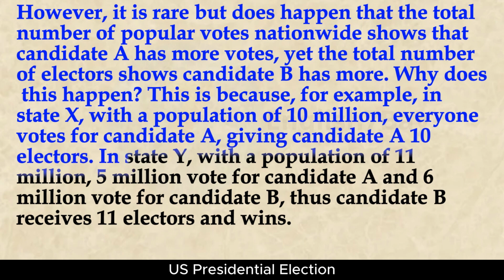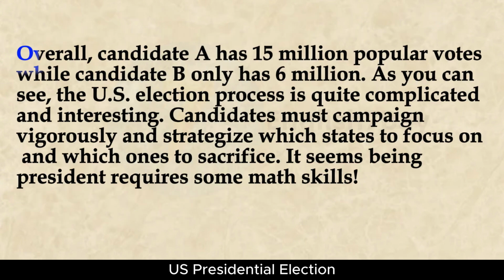In state Y, with a population of 11 million, 5 million vote for candidate A and 6 million vote for candidate B. Thus, candidate B receives 11 electors and wins. Overall, candidate A has 15 million popular votes, while candidate B only has 6 million.